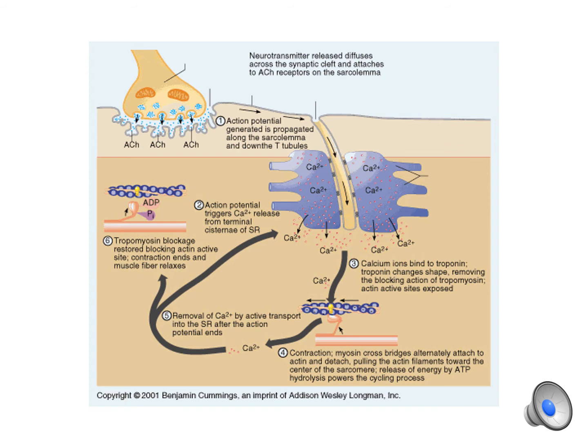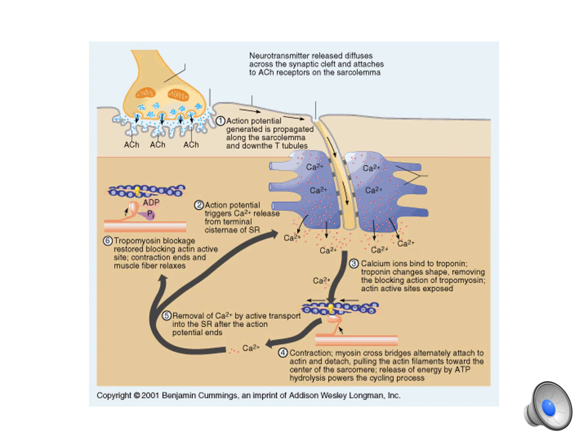The acetylcholine will bind to receptors on the sarcolemma, and when that happens, it will trigger the action potential to pass the message down along the sarcolemma till we get to one of these T-tubule openings. Then the message will pass down the T-tubule.